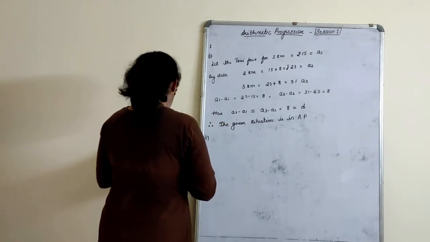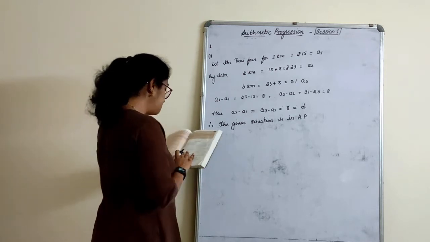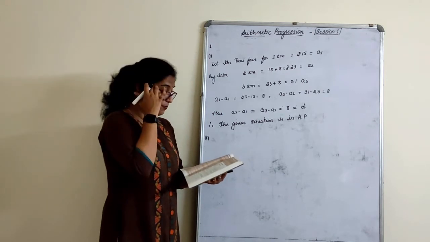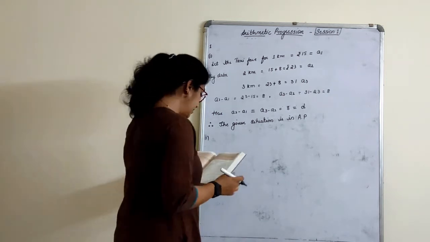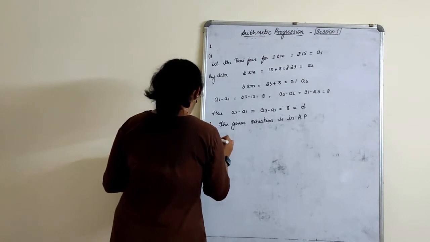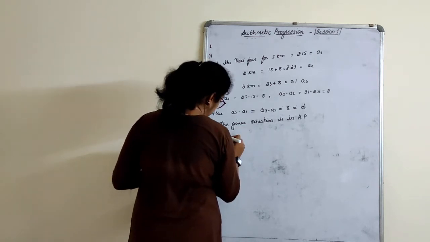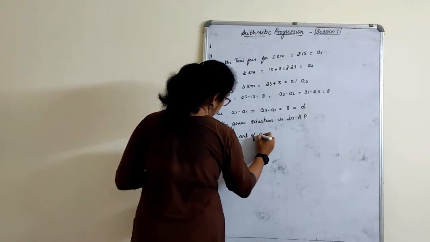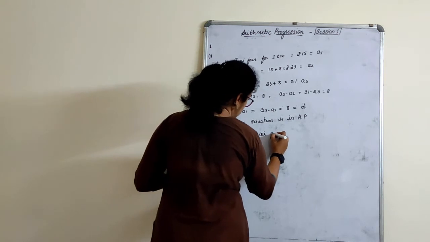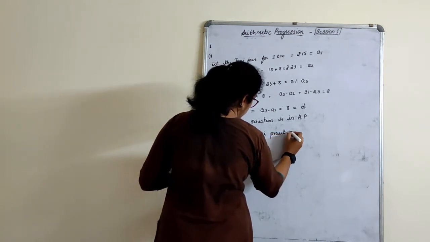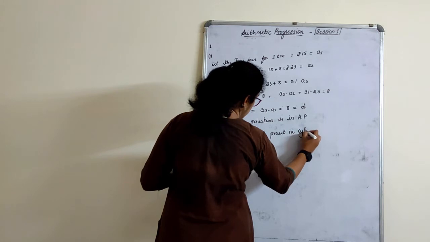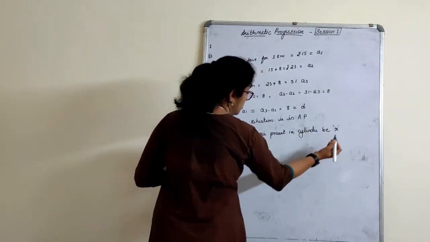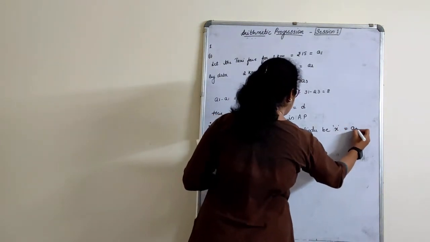The amount of air present in the cylinder when a vacuum pump removes 1/4 of the air remaining in the cylinder at a time. So is this condition in AP? Let's check. So let the amount of air present in the cylinder be X. This is the first term A1.